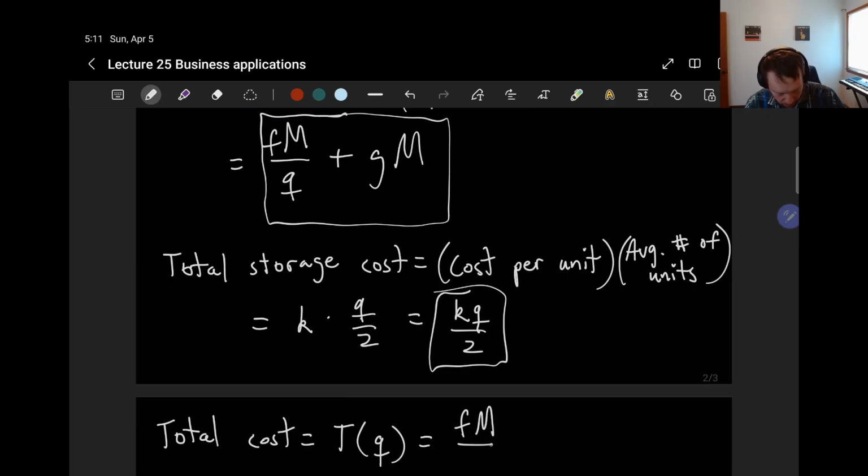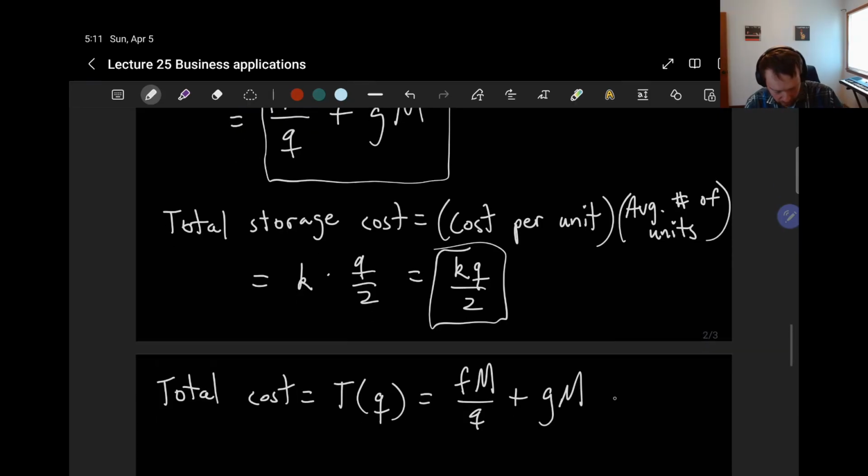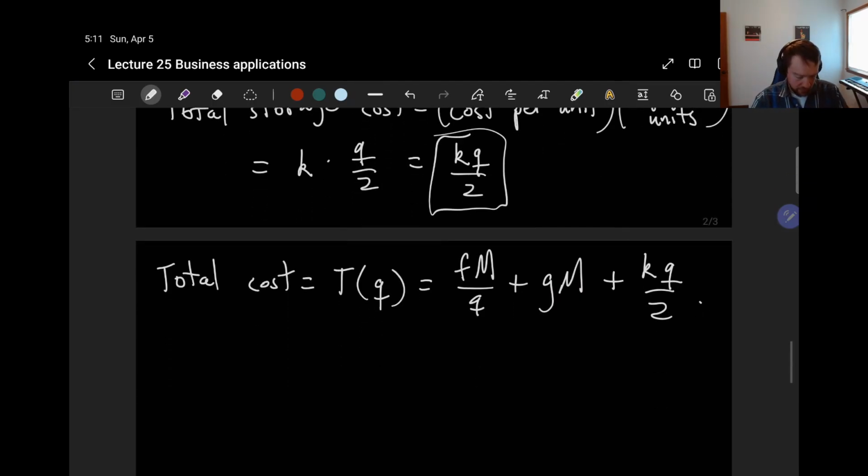So FM over Q plus GM, that's manufacturing, plus storage. So this is what we're trying to find the minimum of.